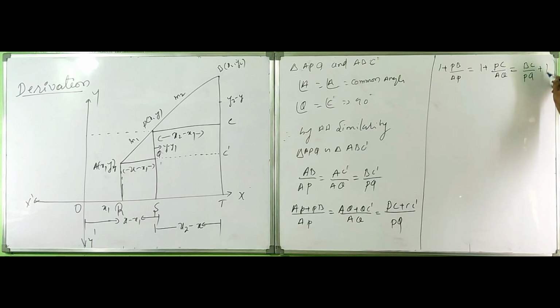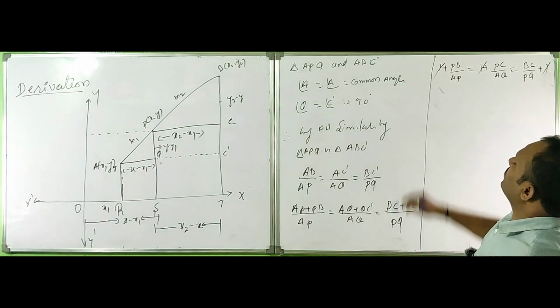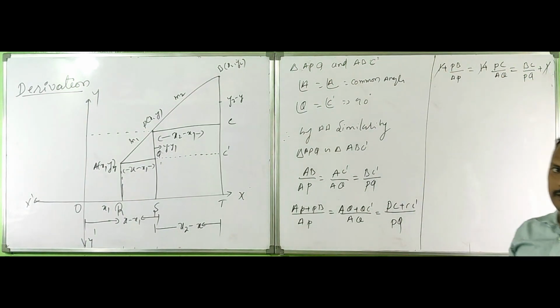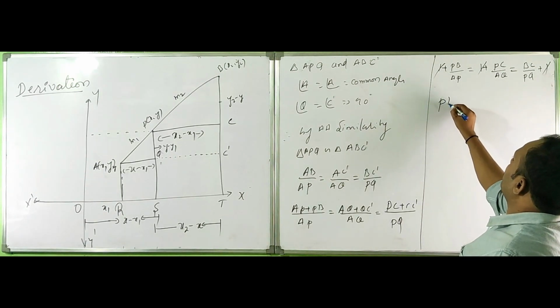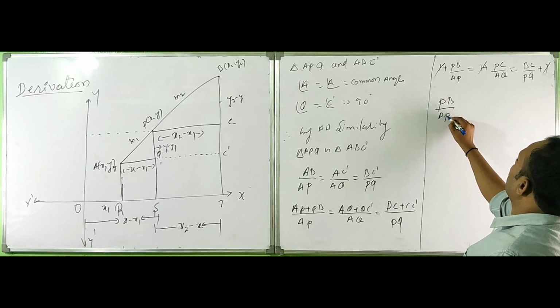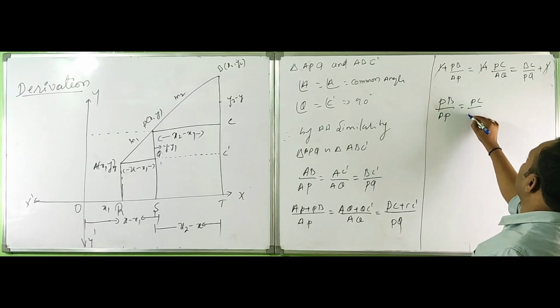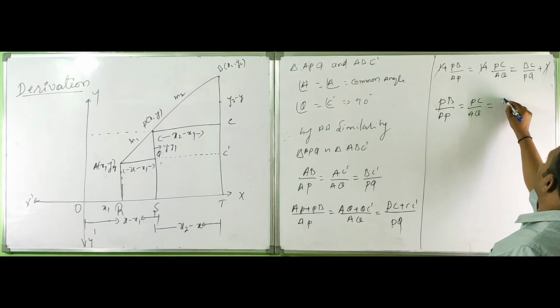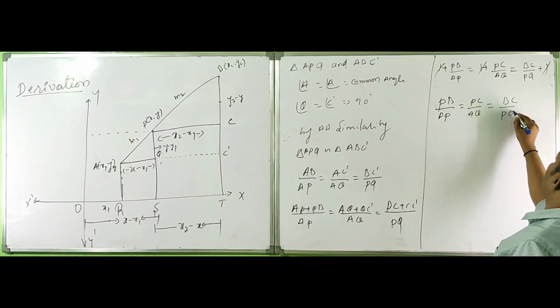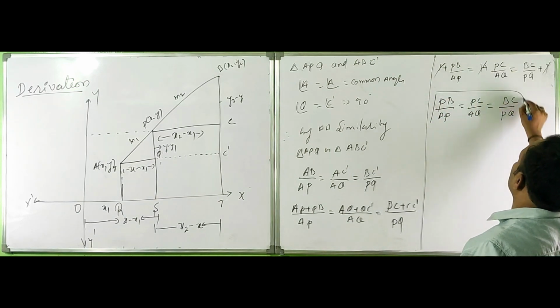Here I have 1, and this 1 gets cancelled. You can take it out. So what remains is PB by AP is equal to PC by AQ is equal to BC by PQ. This is the derivation.